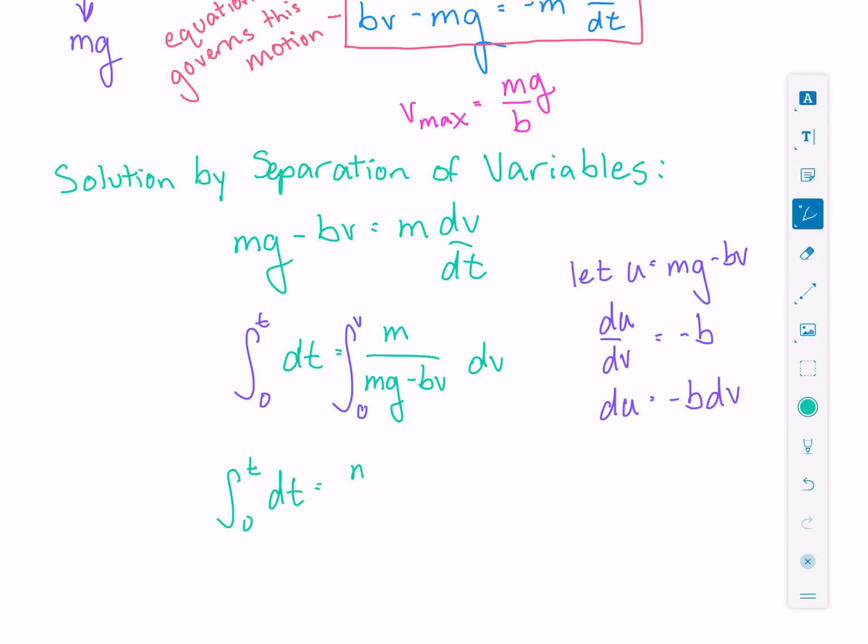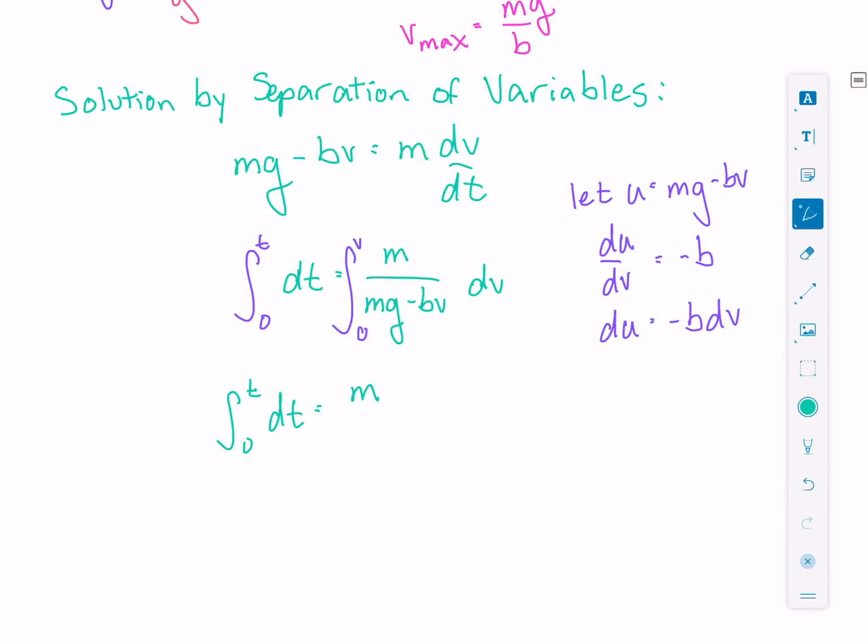I'm going to pull out the m, the integral from 0 to v of 1 over u, because I made mg minus bv u. And then dv, I need it with respect to u, so I can say du, but in order to make this an equality, since du is negative b dv, I have to put a negative 1 over b out front.